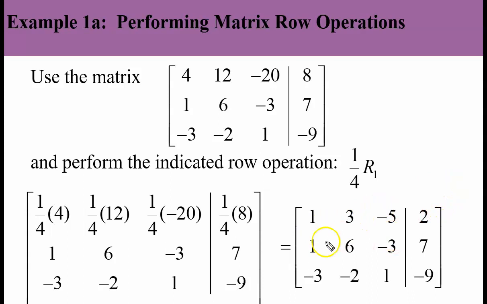Now, studying this for a moment, suppose we want to get this row to eliminate one of the variables or one of these numbers so that we have a 0 somewhere. What can we do?